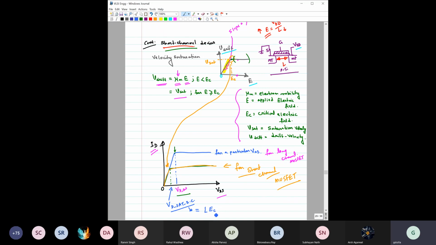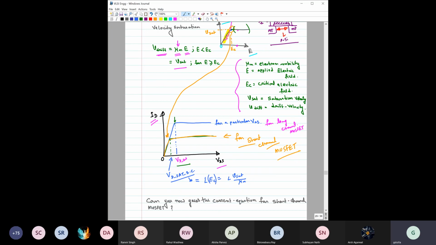Then probably I can also write this as V sat, the saturation velocity, by the mobility of the electron at this moment. And how can I represent this EC in terms of VD sat and mobility? This I can write. Now tell me what should be the equation?